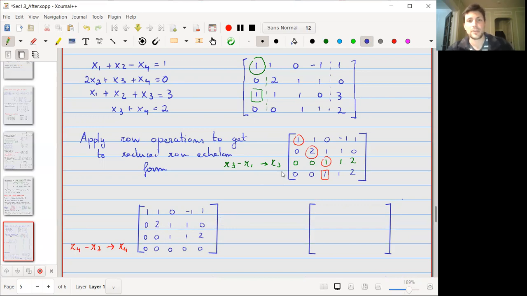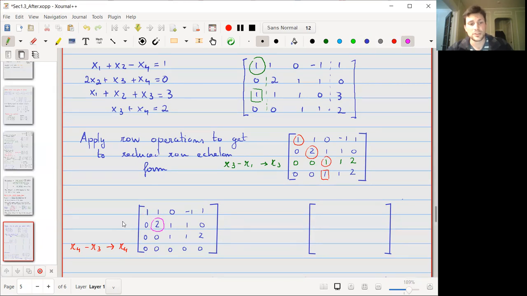However, there's still some other problems. For example, the leading entry 2 here is not a 1. Therefore, this doesn't satisfy the condition of a row reduced echelon form.